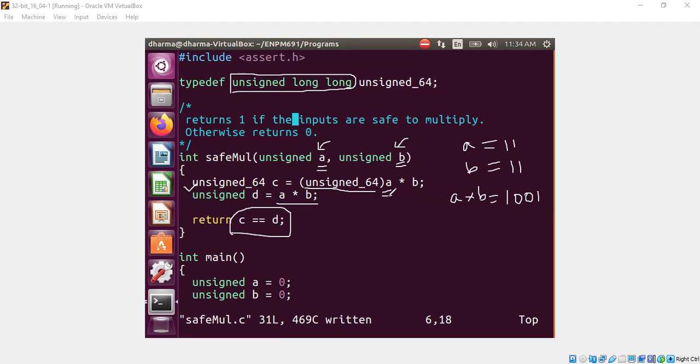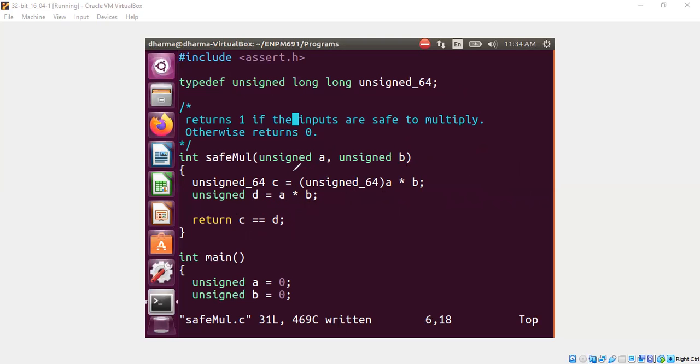If they're equal, we can say they're safe because there's no change. Even if I make the number A pretend like a 64-bit number and multiply it with B, and there is no overflow, therefore they will be equal. That is essentially the algorithm to check whether two numbers can be multiplied safely without any overflow.